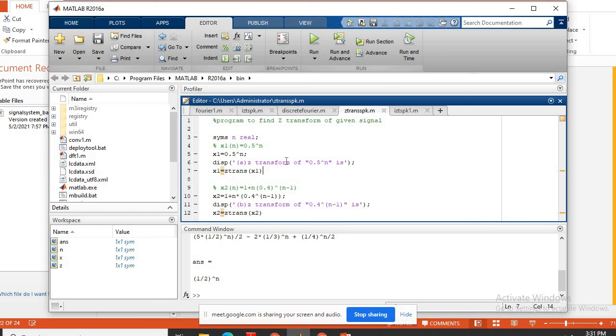The only thing you have to remember is the function name, ztrans, that is the key. And in the declaration part you have to mention the system variables, whichever variables you want. Here I want only n, and then it can understand what that n is, that particular system application specific notation or mnemonic. So that you have to understand. Okay.